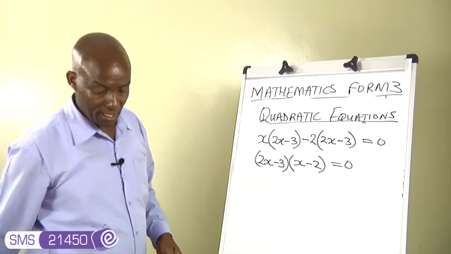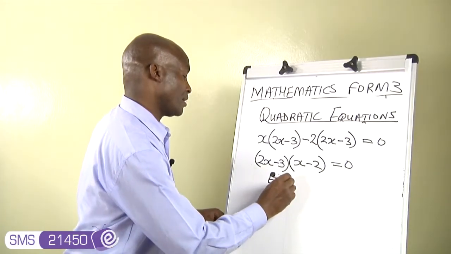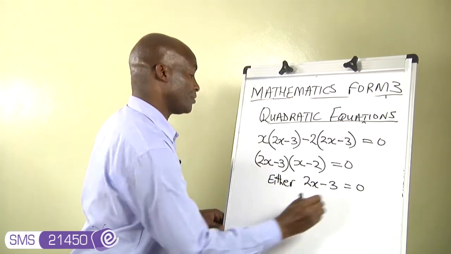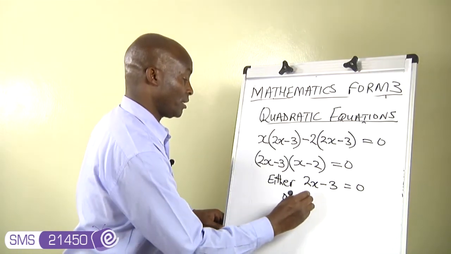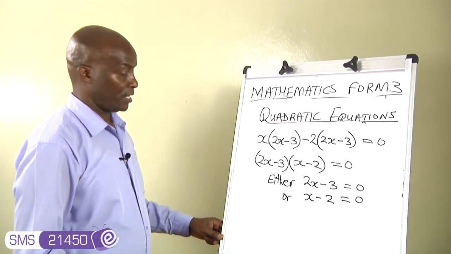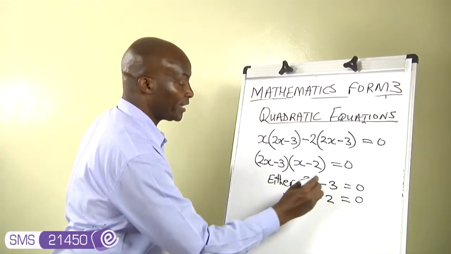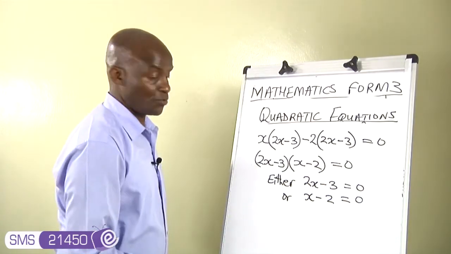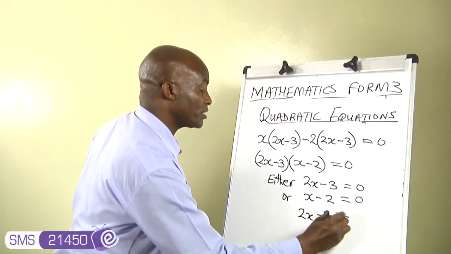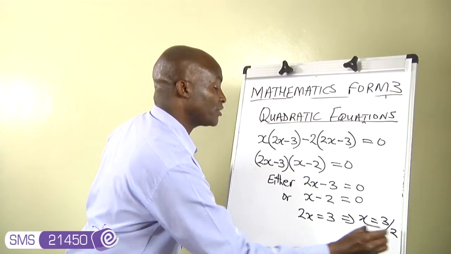Now we can say either 2x minus 3 is equal to 0 or x minus 2 is equal to 0. From the first one, taking negative 3 to the right side, you have 2x is equal to 3, which implies that x is equal to 3 over 2.